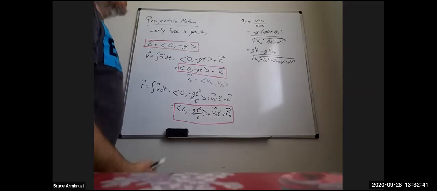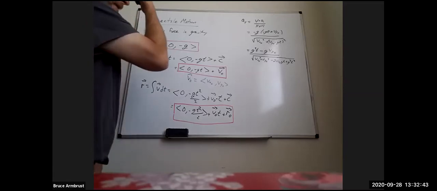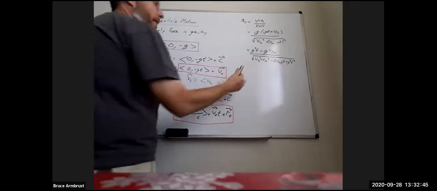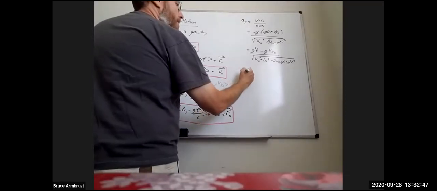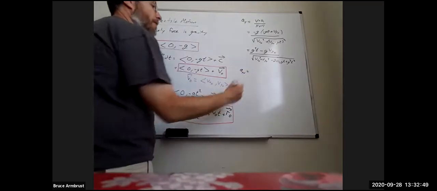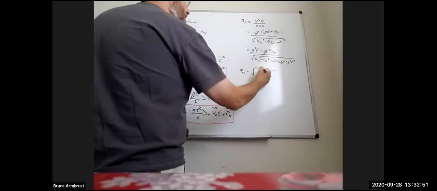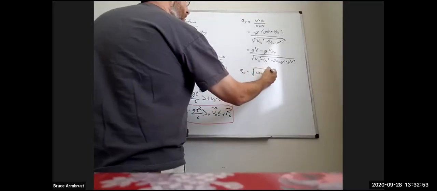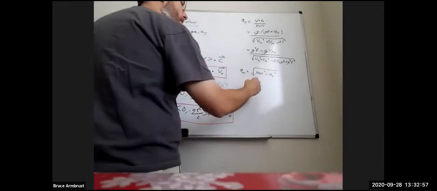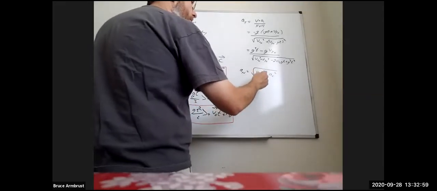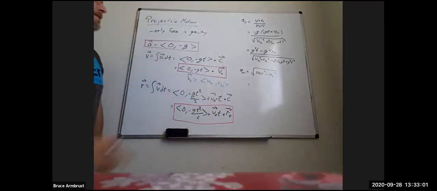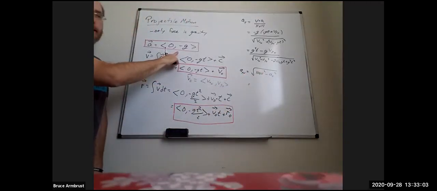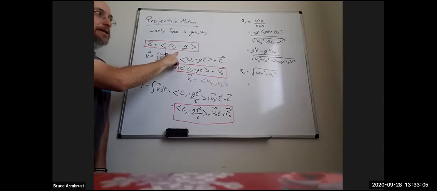All right, so then for a sub n, we'll do it the same way that Victor suggested we do the one on the homework, which is let's look at it as the square root of the magnitude of a squared minus a sub t squared. Because we know the magnitude of a. That's actually really easy. That's just g.